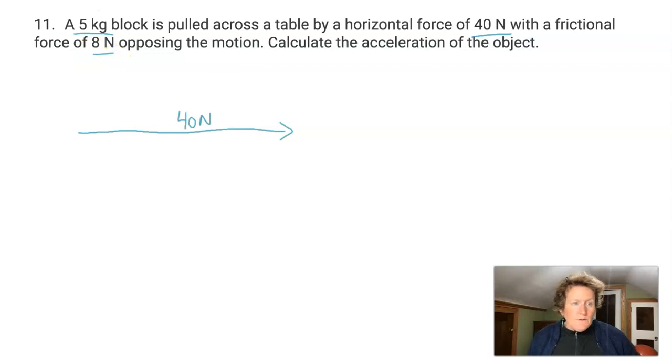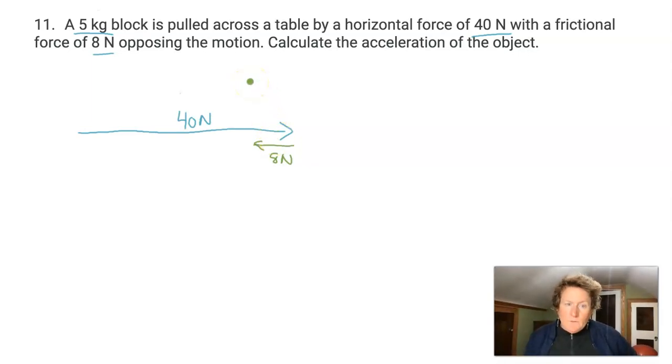So there's two forces here. We can draw a vector in the other direction that's 8 newtons. That's the frictional force. It's acting against you pulling the block.